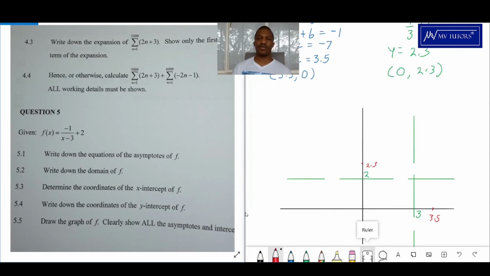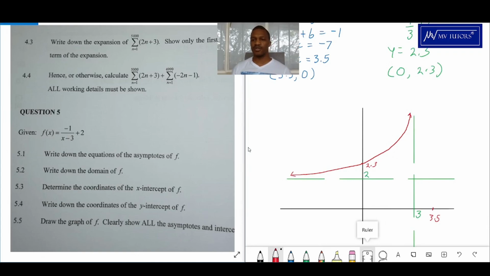Next thing is to draw the graph. Now this is a negative graph, so it must be in the second and the fourth quadrant. Okay, so remember the graph pretends to reach the asymptote but never touches it, and then it passes the y-intercept, continues all the way up like that.